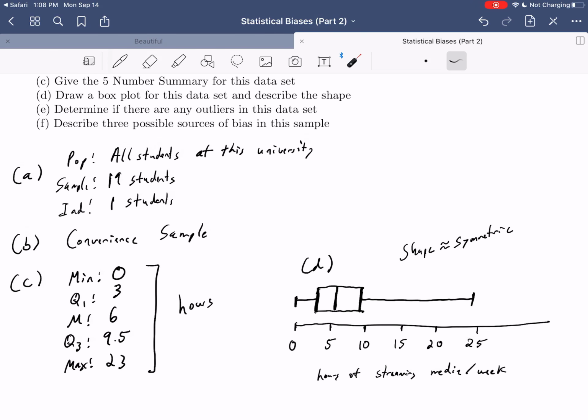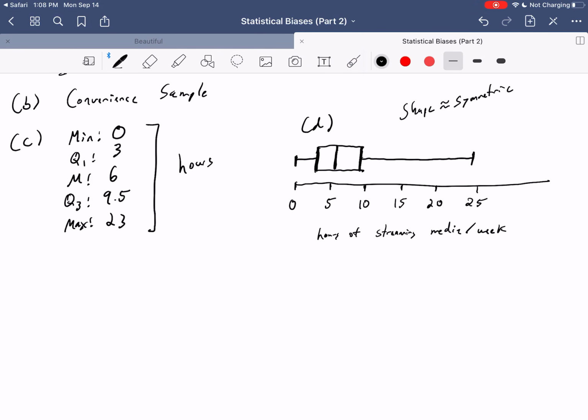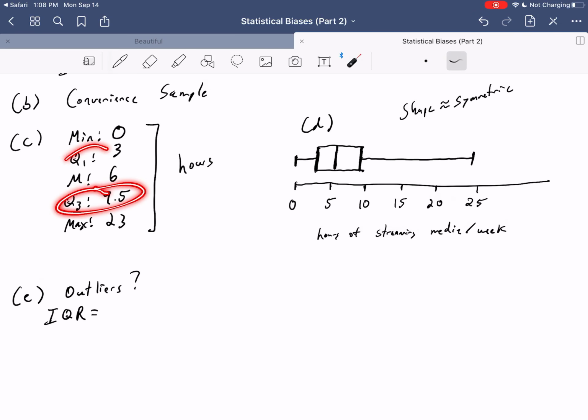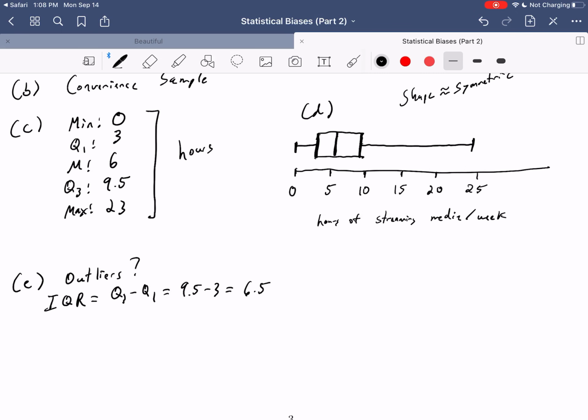All right, let's go ahead and determine if there are any outliers in the data set. So let's remember how to do that. First, we need to get the IQR, which we just simply subtract Q3 and Q1. So Q3 minus Q1, 9.5 minus 3, is going to be 6.5.